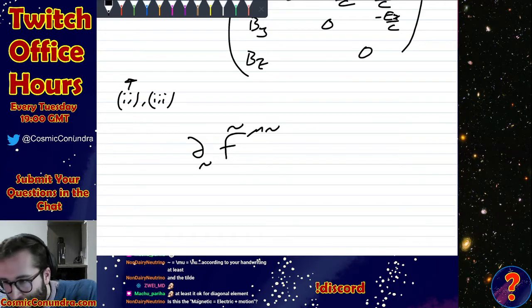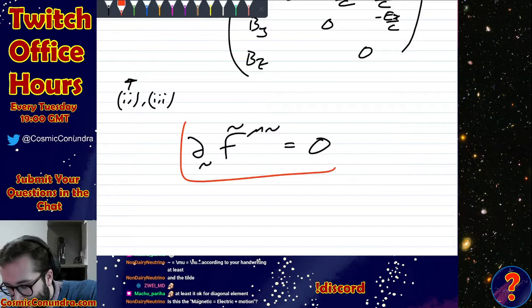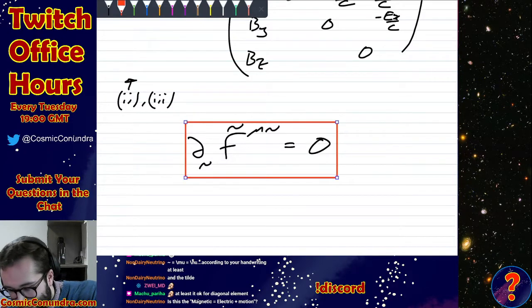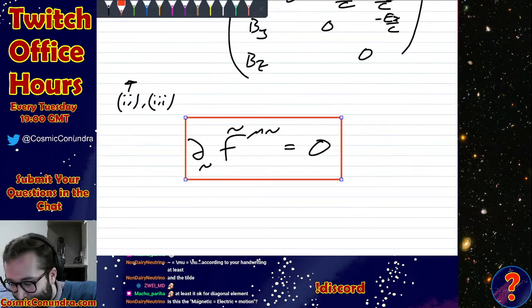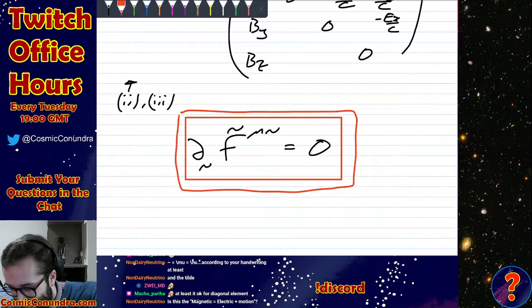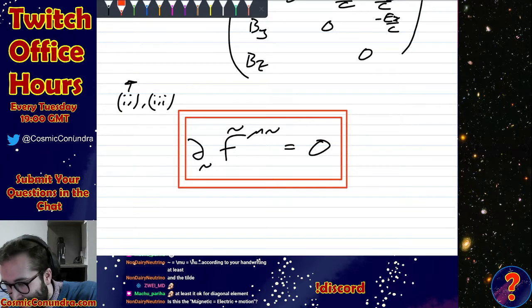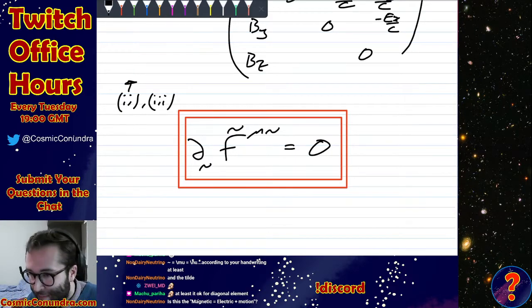Before, the source terms were getting in the way, but now there's no source term on the right-hand side. It turns out this is actually correct, but I've argued it in a hand-wavy way because I don't want to explicitly show again that these equations come out the same. But you can do it. You would just have to swap some E's and B's around, and it'll look very similar.